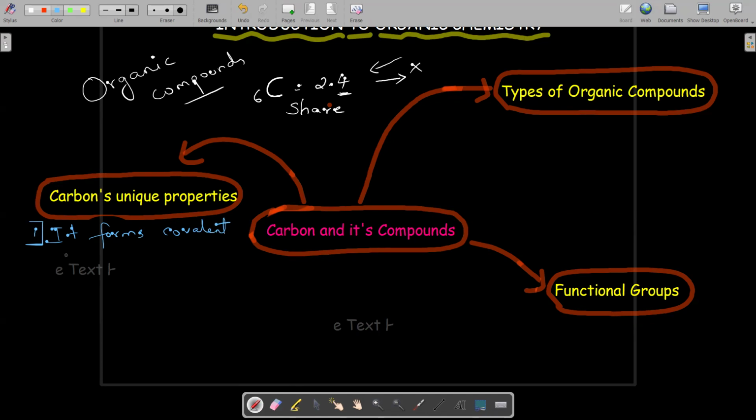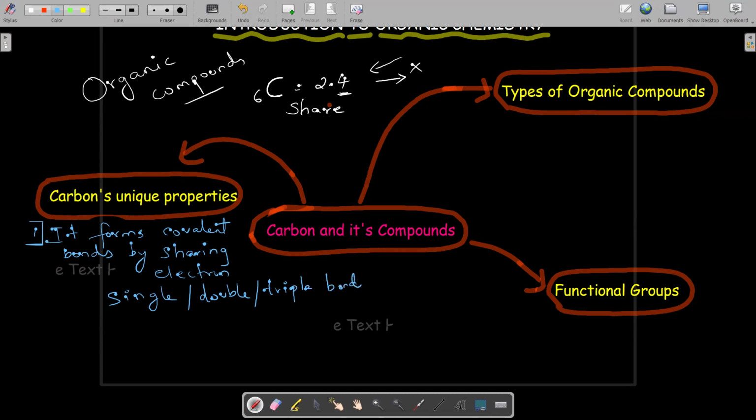By sharing electrons. And these bonds can be single, double, or triple bonds. So this is the first property of carbon.